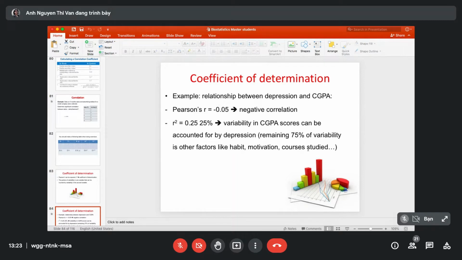So we can easily understand that the variability in the GPA score can be counted by depression, about 25%. Okay, that is the coefficient of determination, but I am still asking you about the R value.